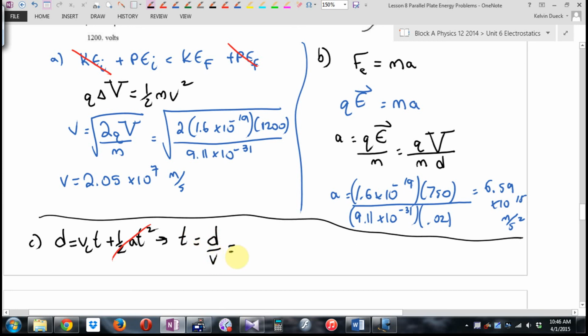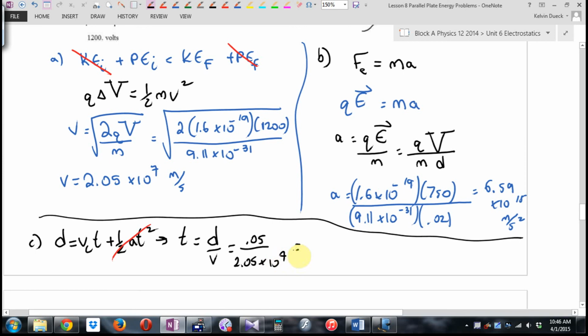Which distance? The horizontal distance, which was how many centimeters? So 0.05. Which velocity? The answer from A. That's how fast it's traveling through there. 2.05 times 10 to the 7th.